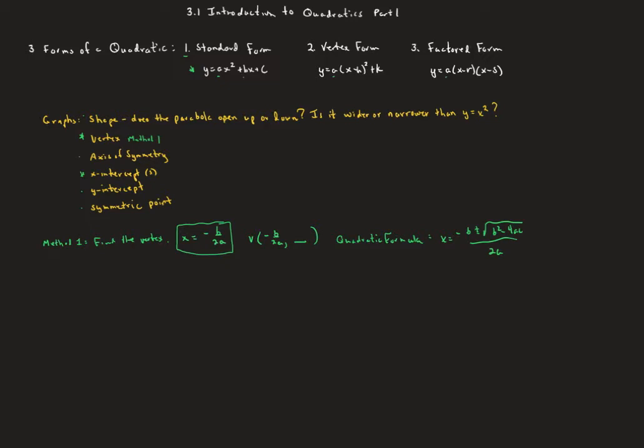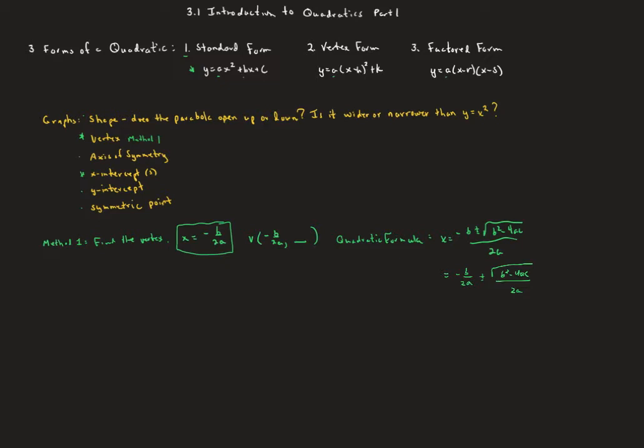So here is the thinking on this. If we separate this out, you can think of this as being negative b over 2a plus or minus the square root of b squared minus 4ac all over 2a. So you can separate out that fraction.